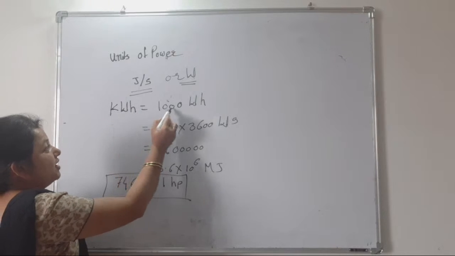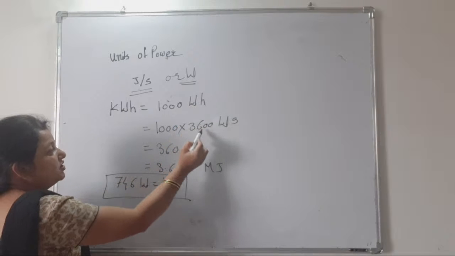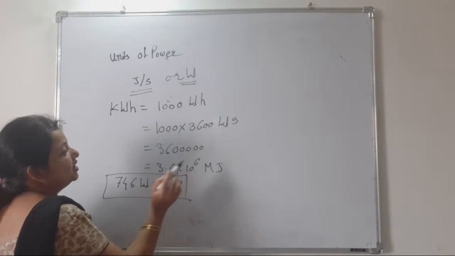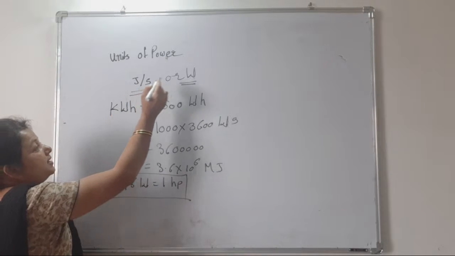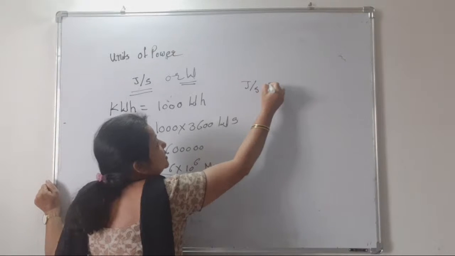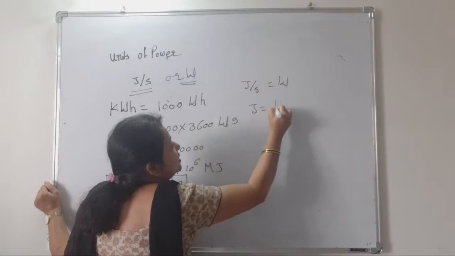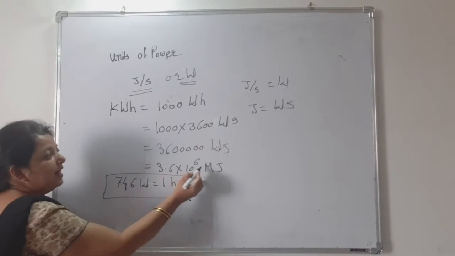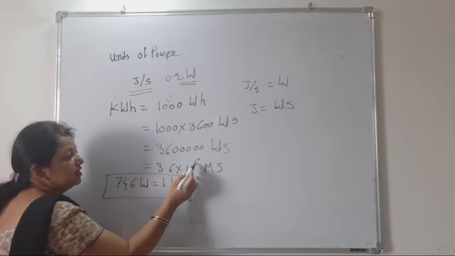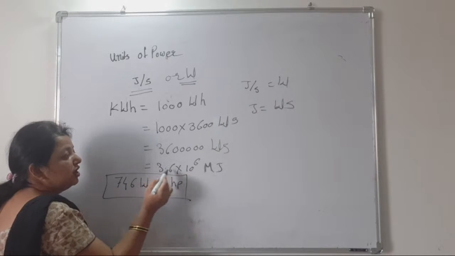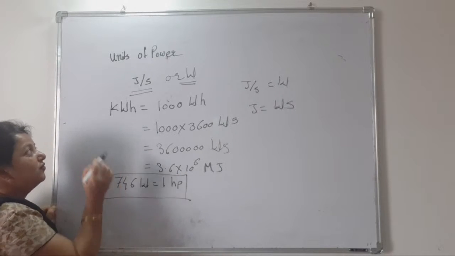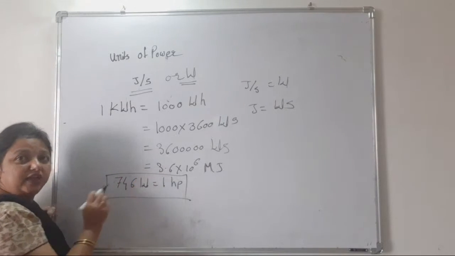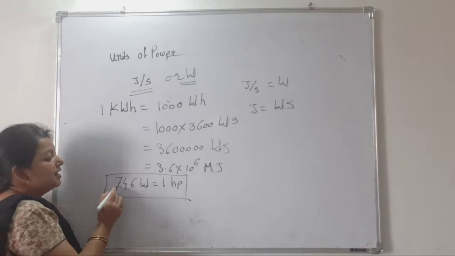In place of kilo we took 1000, in place of hour we took 3600 seconds. Watt seconds is nothing but joule, because joule per second is equal to watt. Therefore, joule is equal to watt second. In place of watt seconds, you may write joule, and this capital M is for mega. 10 raised to 6 means mega. So 1 kilowatt hour is nothing but 3.6 into 10 raised to 6 megajoule.